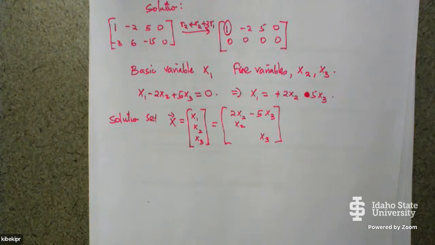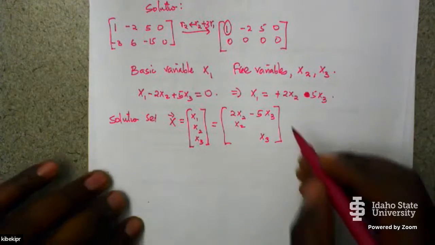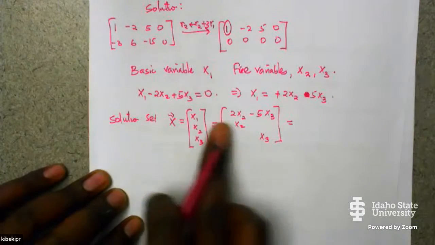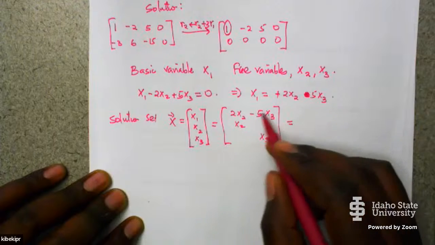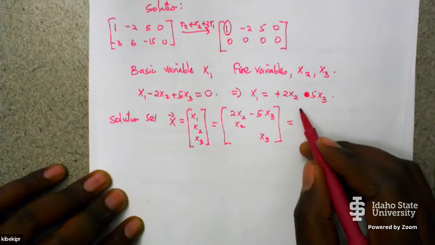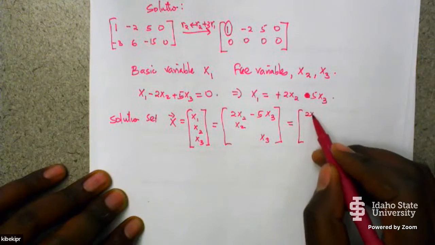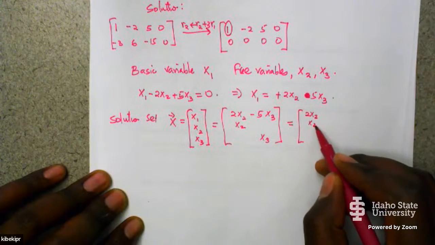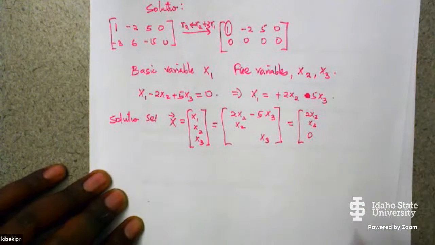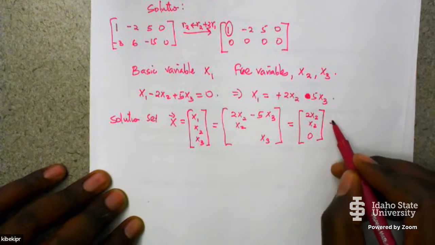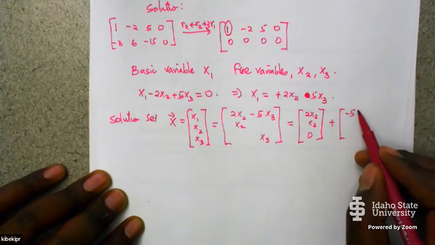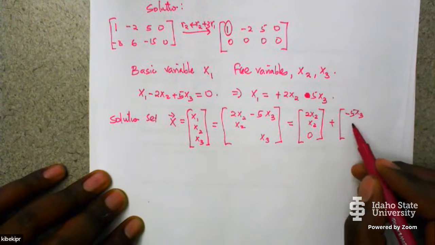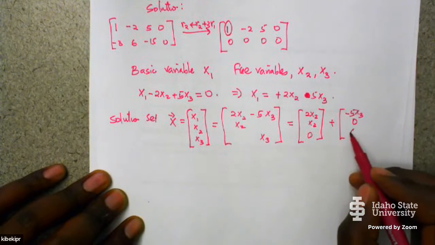When we write this in parametric vector form, we factor it: we write 2x2, x2 here, and 0 for x3, plus the one for x3, which is minus 5x3, and 0 for x2, and then x3.